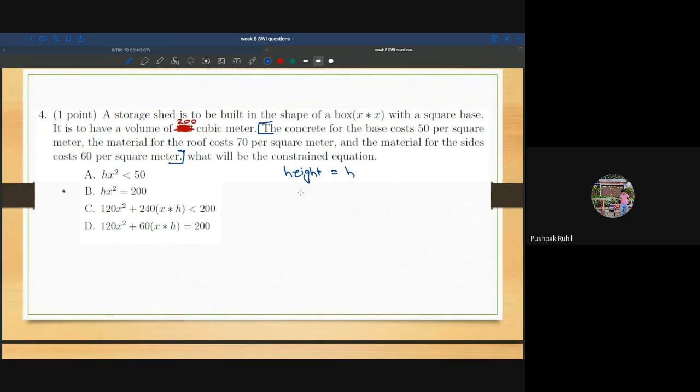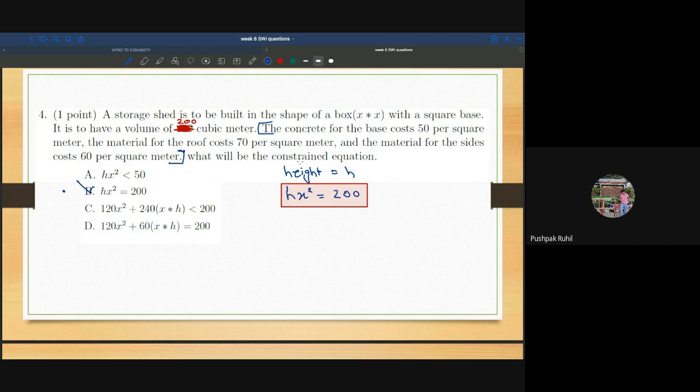Length and breadth are same, so it would be h x square. And this would be equal to the volume which they've given us to be equal to 200. So this would be the answer. This is your h. So hence option B is correct.